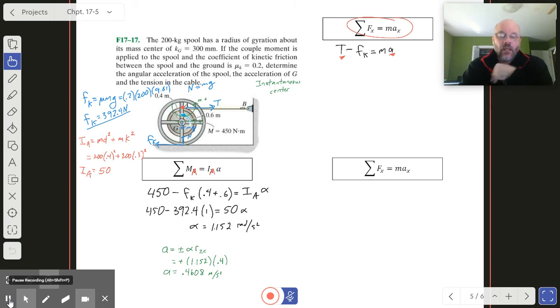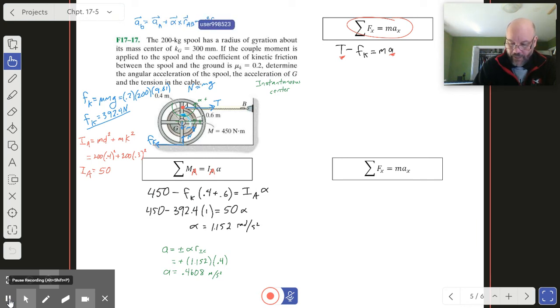Now, if you cannot do that, then you are going to be forced to go back and contend with our relative acceleration equation, which looked something like this: alpha cross RAB minus omega squared RAB.